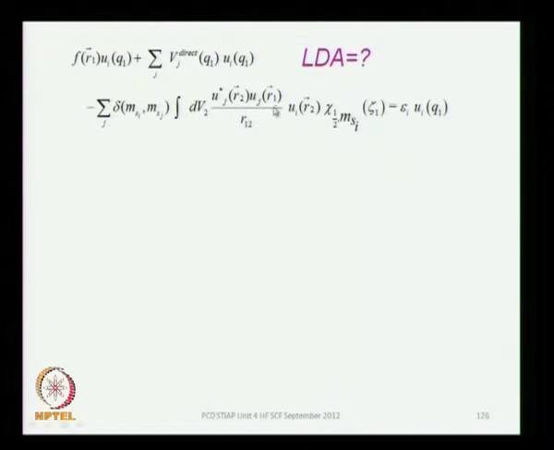Now, here you remember that it was this exchange term which prevented us from identifying this as an eigenvalue equation, because here the argument of the ith orbital is 1, here the argument of the ith orbital is 2.